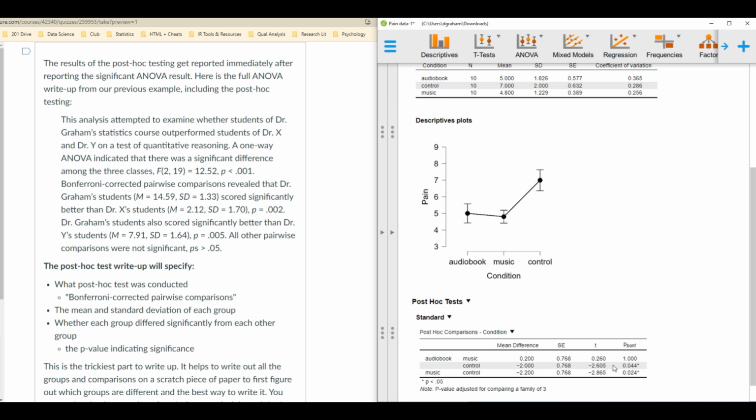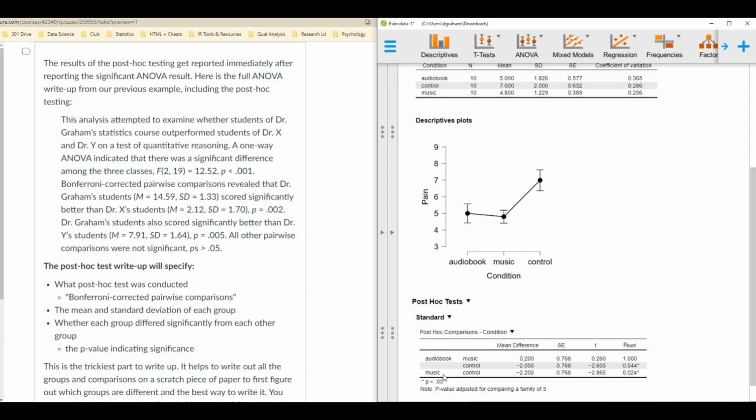We come across to the right and look at our corrected p-value, and we see this is significant, even after we have adjusted for the fact that we're comparing a family of 3. So we would report that there is a significant difference between audiobooks and control conditions. And the p-value that indicates that is the 0.044.